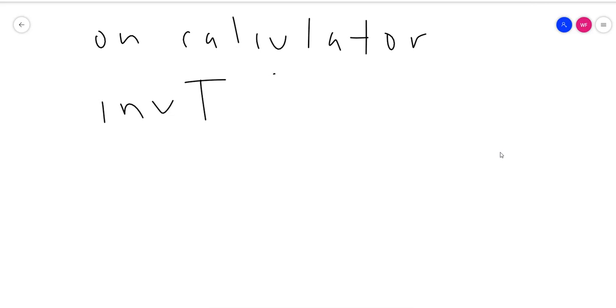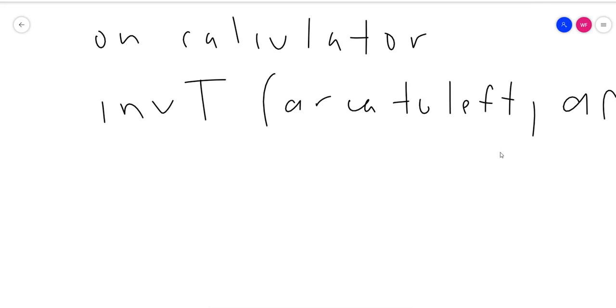So on the calculator, there's a function called inv-t, I-N-V-T, which is very similar to inv-norm in that you enter the area to the left and then the degrees of freedom, and that will spit out what's called the critical t-value.